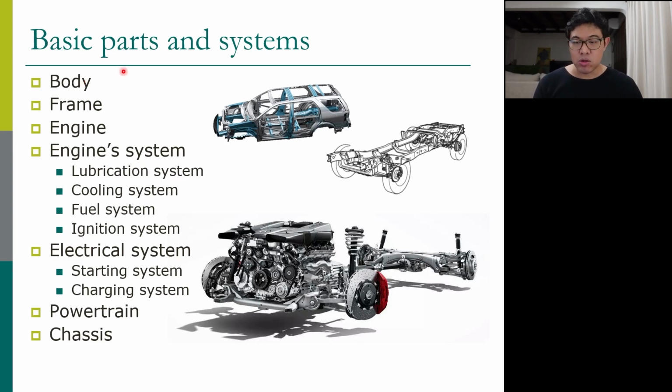We also have the frame. The frame is basically the structure of the car. Some cars have a frame that looks like this. All the weight on the car is applied on the frame, so it carries the weight of almost every component of the car.